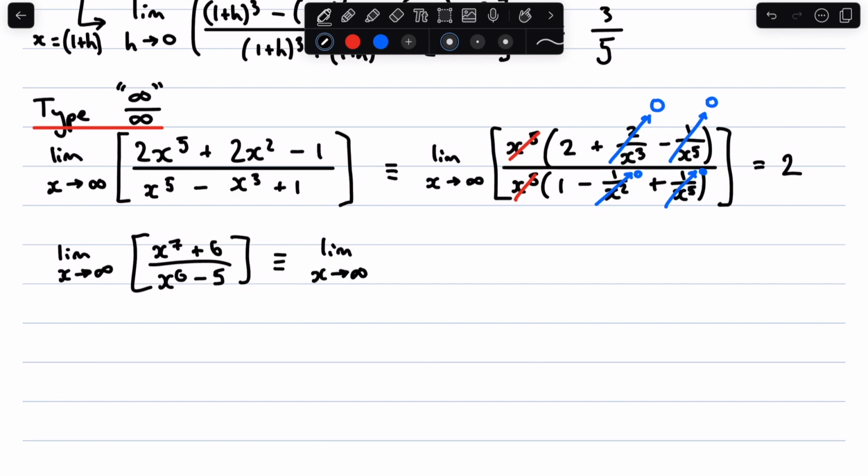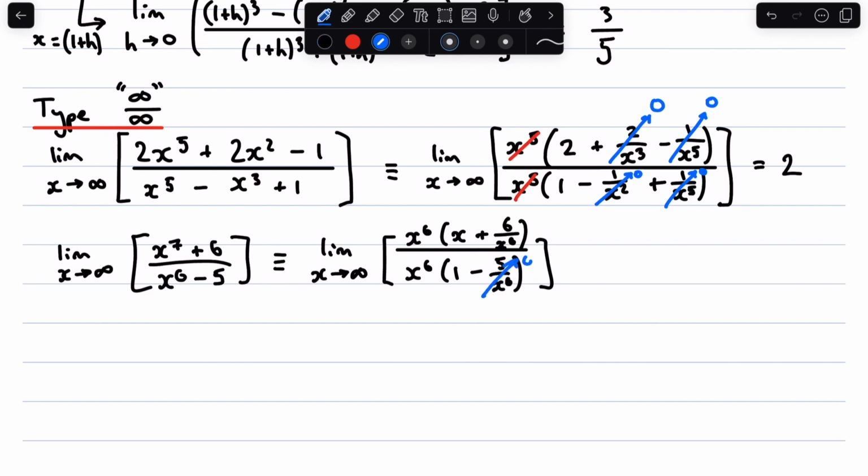So for this case it's the bottom that has the smaller dominant power, so x to the 6, 1 minus 5 over x to the 6, and on top, if we do the same, x to the 6, x plus 6 over x to the 6, we can see, again, these go to 0, these x to the 6's cancel out, and we're left with the limit as x tends to infinity of x divided by 1, so just x. And so that is going to equal infinity, or it's going to be an infinite number.